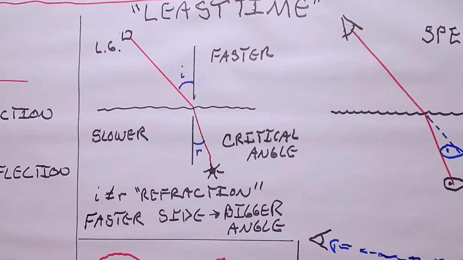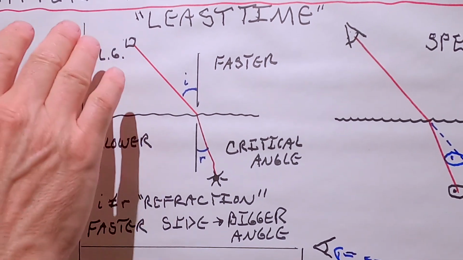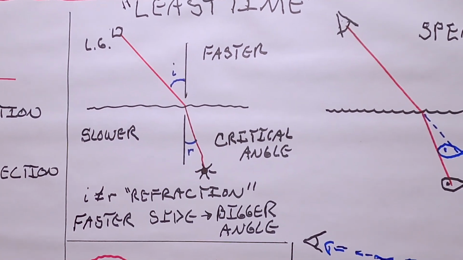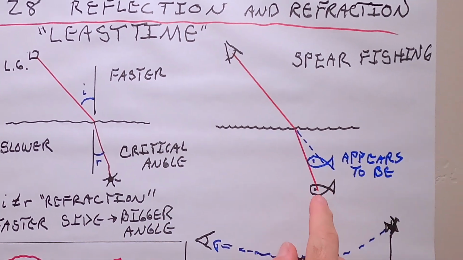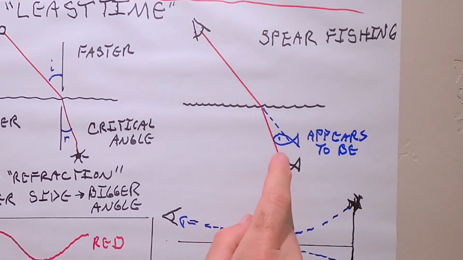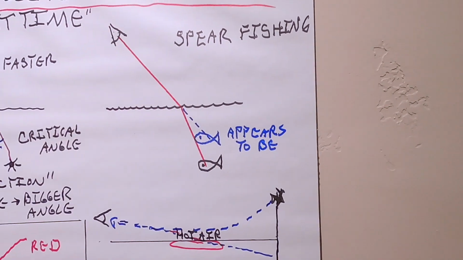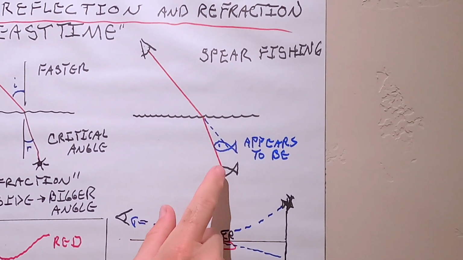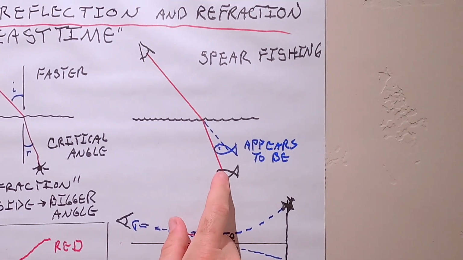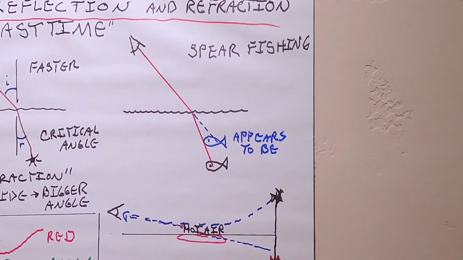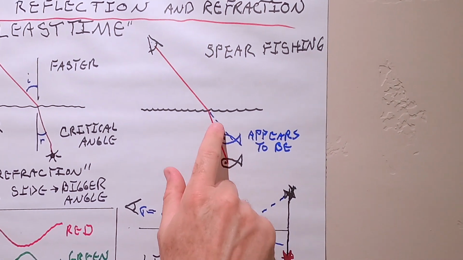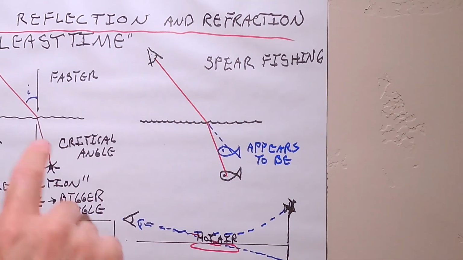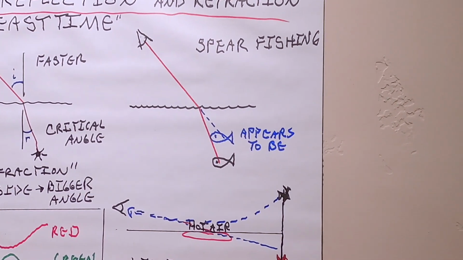Well, this is exactly what light does when it wants to go from one material to another. Let's say the water level's this way, and there's a fish under the water, and the light from the fish wants to get to your eyeball. Well, light goes slower in water and faster in air. So to get to your eyeball in the shortest time, it will actually go up and over. That's a little quicker than going in a straight line.